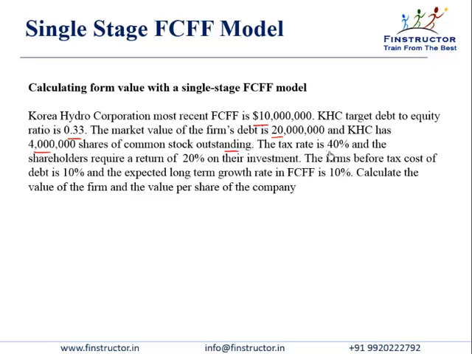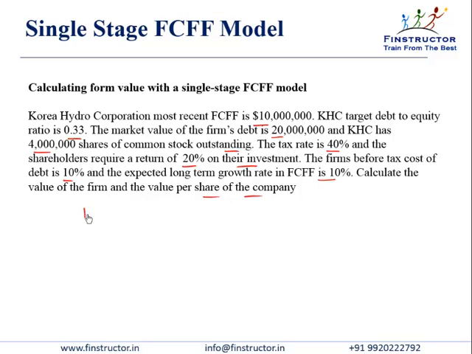The tax rate is 40%, and the shareholders require a return of 20% on their investment. The firm's before tax cost of debt is 10%, and the expected long-term growth rate in FCFF is 10%. Calculate the value of the firm and the value per share of the company.